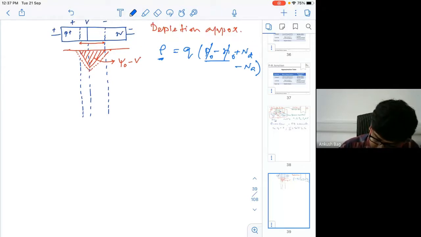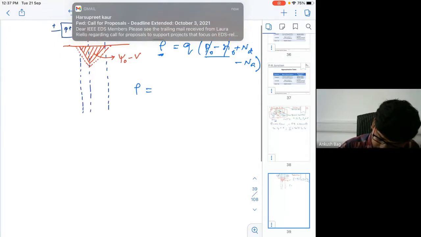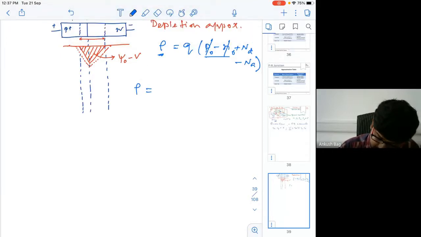Now in case of bias condition, what will happen? Let us once again write this charge density equation. So this is Q, and this is no longer p0, since that was a thermal equilibrium quantity.